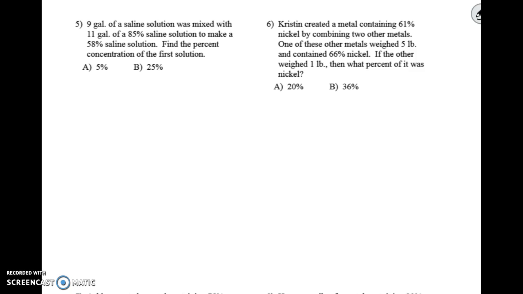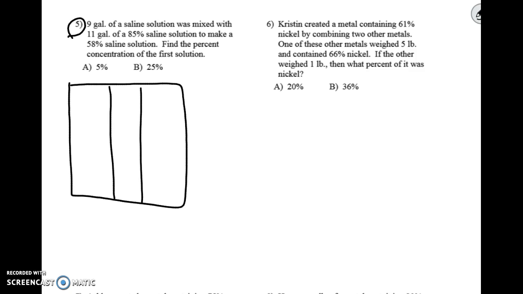9 gallons of a saline solution, I just covered up the 9. 9 gallons of a saline solution was mixed with 11 gallons of an 85% saline solution to make a 58% saline solution. Find the percent concentration of the first solution. So we have 9 gallons of a saline solution.